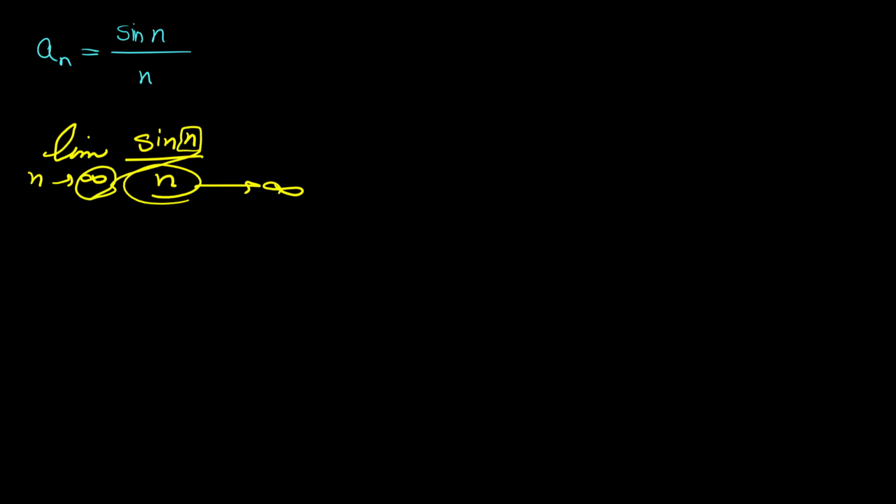We want to find the limit of this sequence when n approaches infinity. The limit of sine n over n. Note that we cannot find this limit with the usual method, because when n approaches infinity, the denominator is n, so it approaches infinity. But remember, sine of n, because n approaches infinity, sine of infinity does not exist.